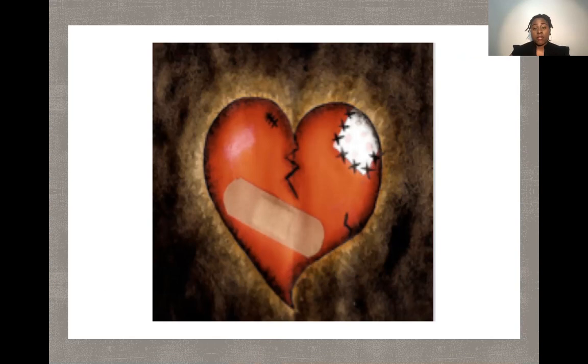So another way to think of repair when you think about damaging the past, as you look at this visual, you'll see here that there's been many scars across this heart that's been broken. You have the lightning bolt scar down the middle that needed to be repaired, the patch on the side that needed stitches to be sewn up, and this Band-Aid across the middle as well.